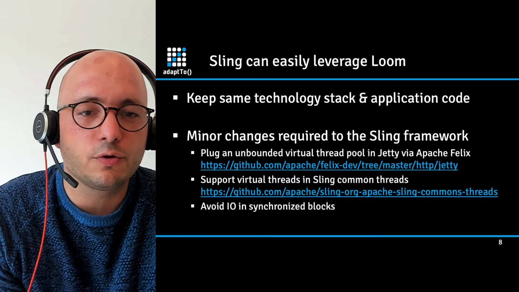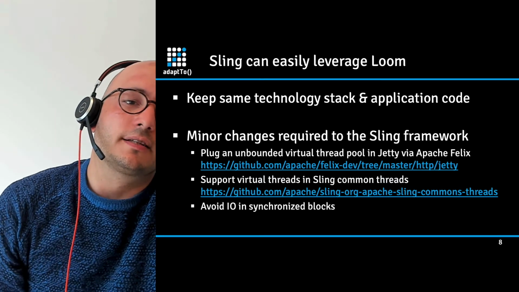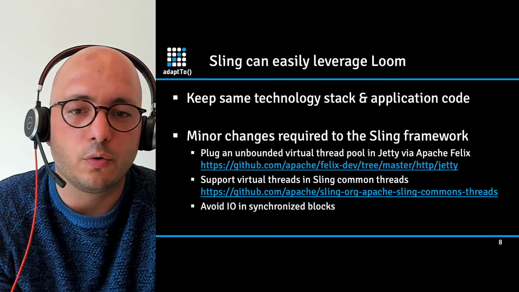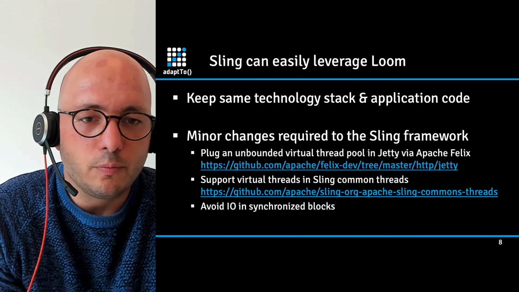One thing we need to be careful of in Sling and in the application code is to not block on I/O inside a synchronized block. This is a limitation of Loom at the moment.